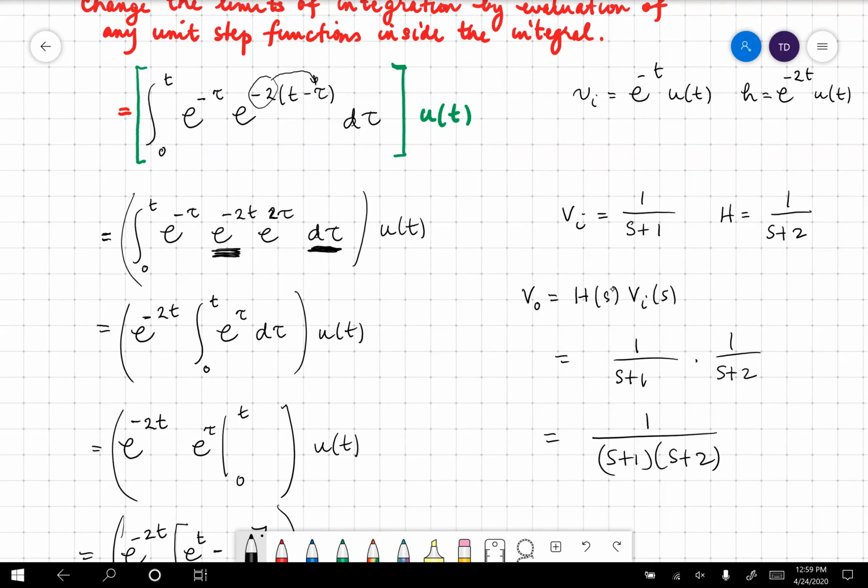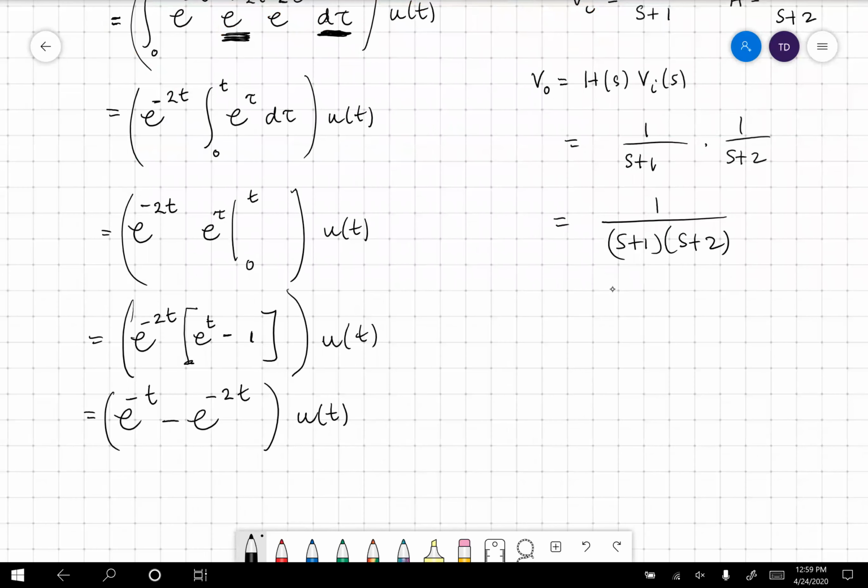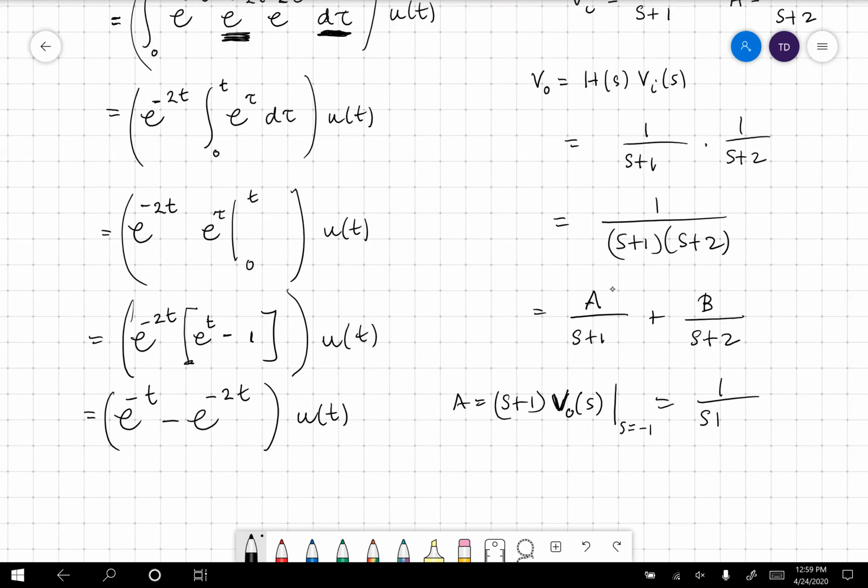Now I'm just going to do partial fraction expansion so I can find the time domain answer. A over s plus 1, B over s plus 2. A equals s plus 1 times VO of s, evaluated when s equals minus 1, and that's going to be equal to 1 over s plus 2, evaluated when s equals minus 1.